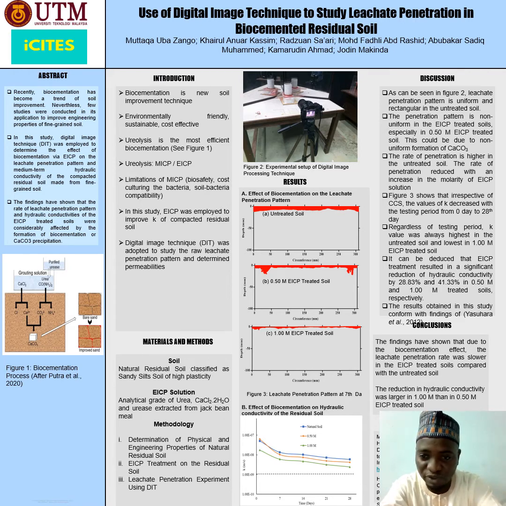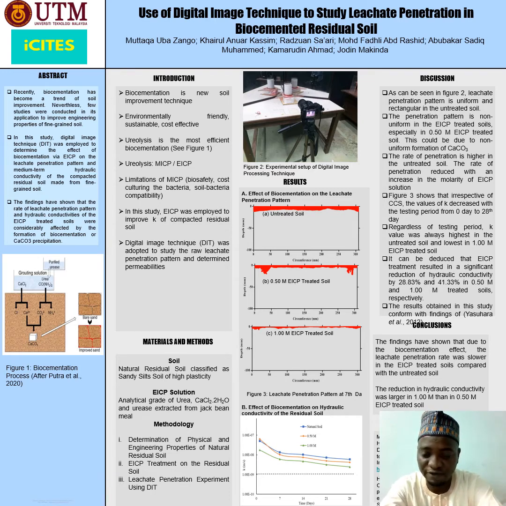It can be deduced that EICP treatment resulted in a significant reduction in hydraulic conductivity by 28% and by 41% in 0.5 and 1.0 molar EICP treated soil respectively. This result obtained in this study conforms with the findings in literature as quoted.